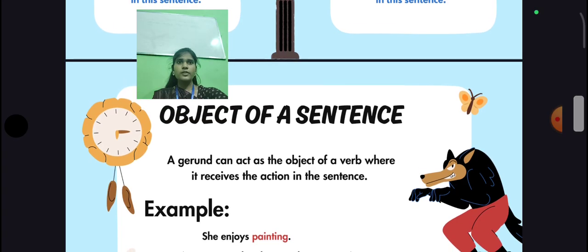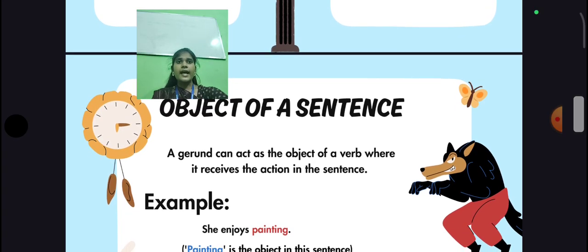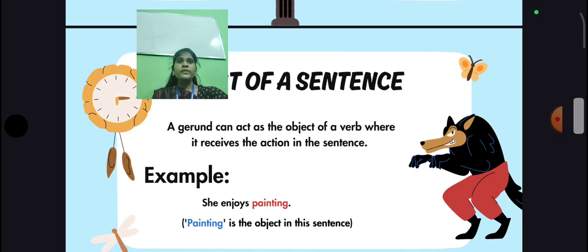Next, object of a sentence. A gerund can act as the object of a verb, where it receives the action in a sentence. See, she enjoys painting. She enjoys what? Usually we can say the object is the answer to what and whom, right? She enjoys painting, so it is the object here.